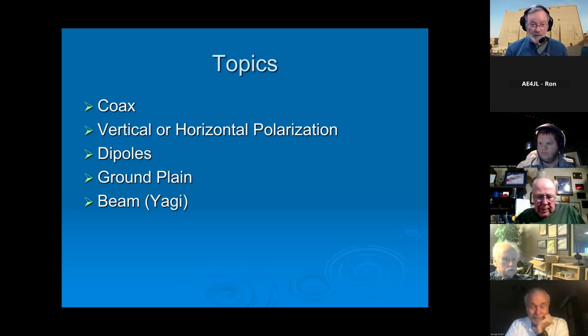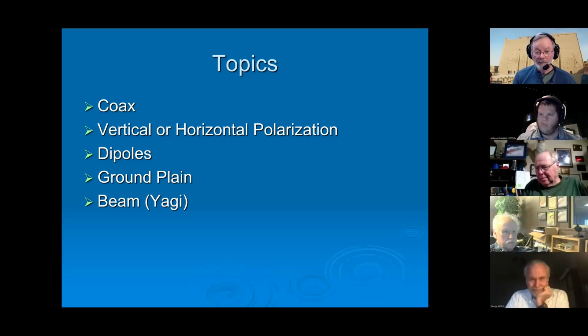I can take each one of these bullets and spend a whole other training session on each one. So we're going to touch a little bit on coax, a little bit on polarization, and then we're going to talk a little bit about dipole, ground plane, and beams, also known as Yagis.